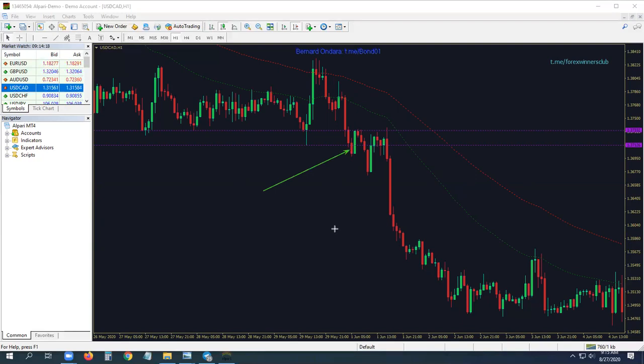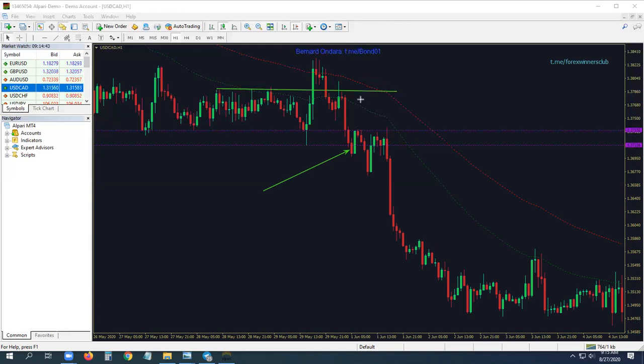So how do I enter my trade? My stop loss will be some pips above the broken support zone. It will be safer to look for a swing high like here. That can become your stop loss, something like that, or the next level that was in the chart.